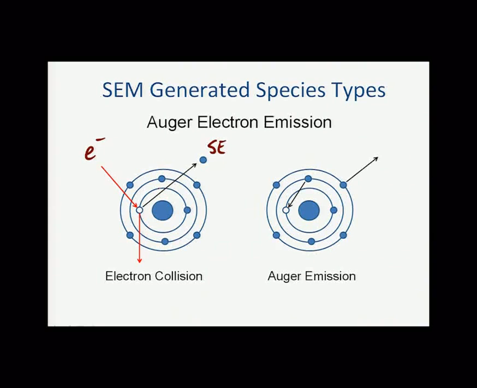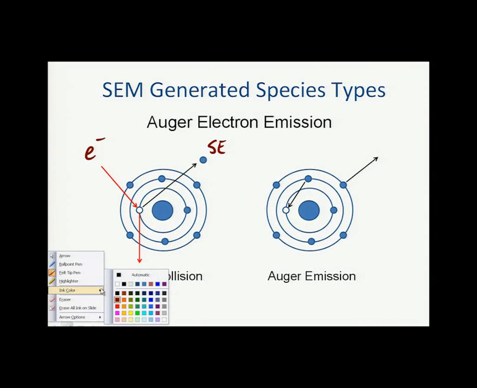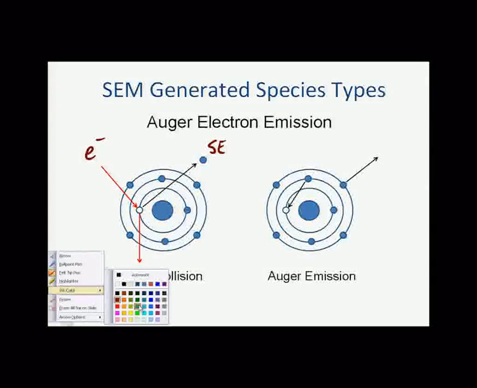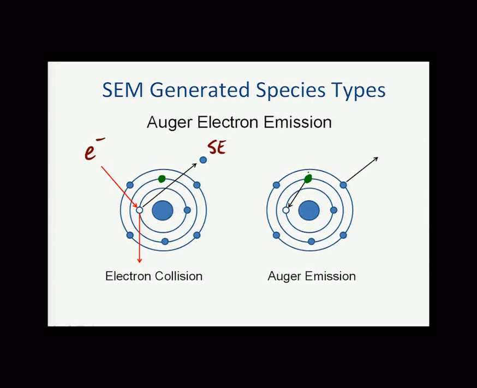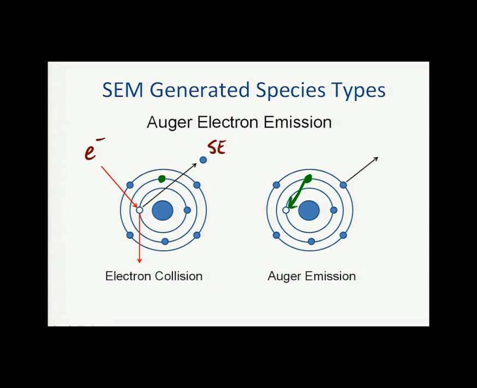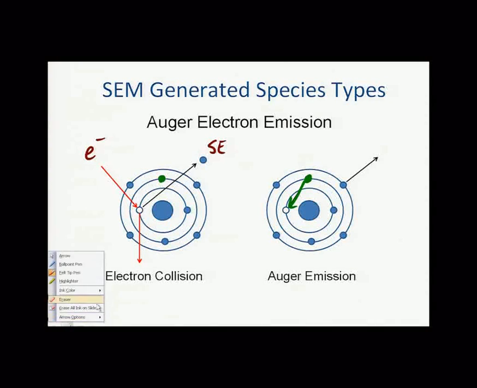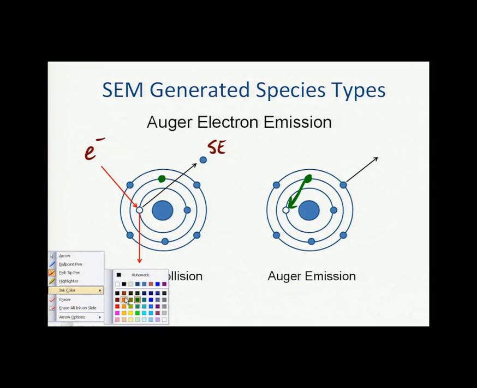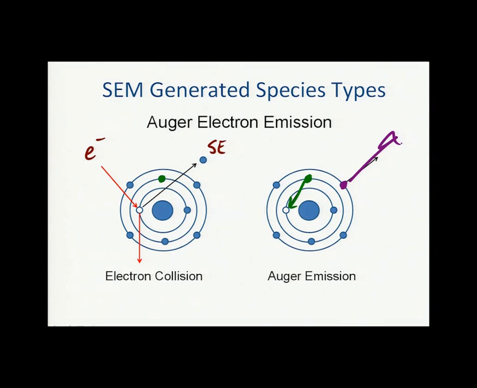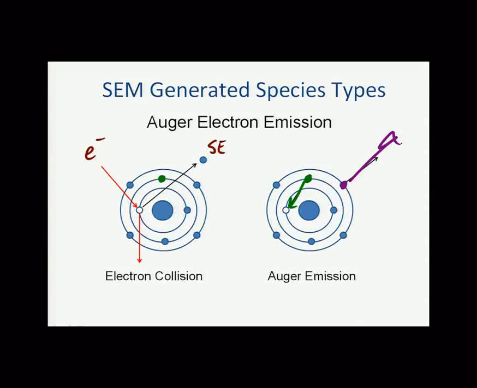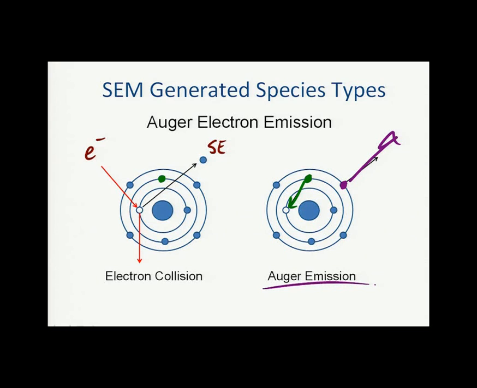So that vacancy is going to be filled by a higher energy electron. In this case, it's this one. So you see here it's going to fill that vacancy, and in the process we get the emission of a different type of electron, and we call that an Auger electron. And the process is called an Auger emission.